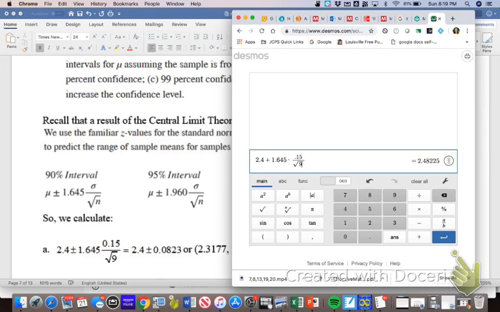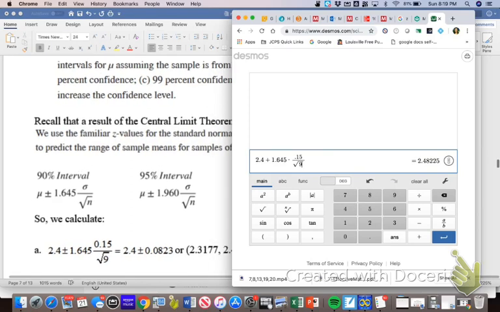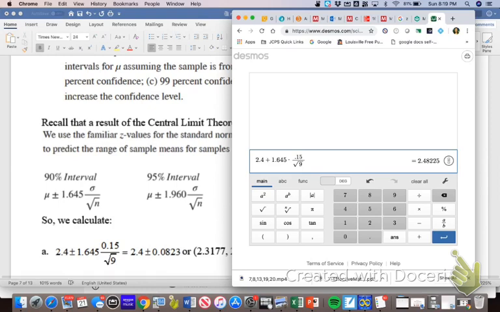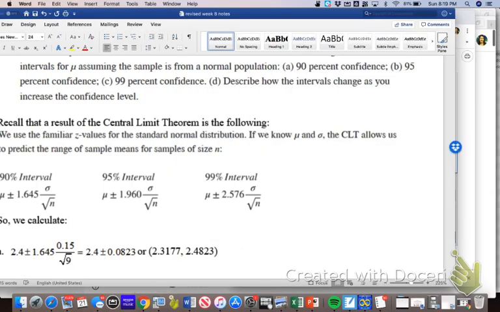And that gets me the higher end of my interval, which you can see I've got right here on my paper. That's where that came from.